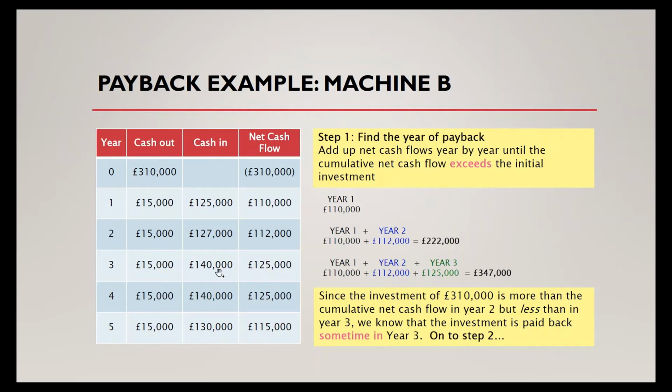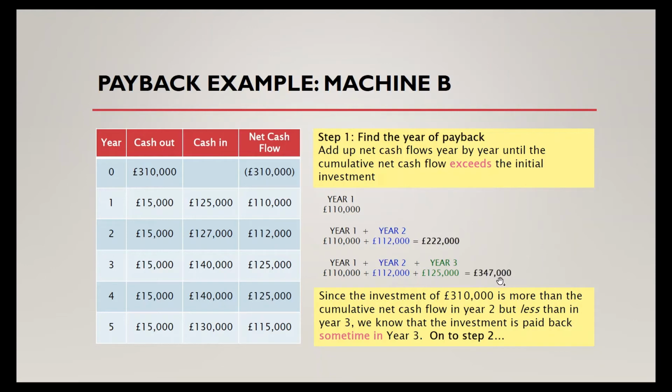In year 3, we have a revenue of £140,000. We deduct the expenses of £15,000. Then this gives us a net cash flow of £125,000. If we add up this £125,000 in year 3 plus the £112,000 in year 2 plus the £110,000 in year 1, this will give us £347,000.